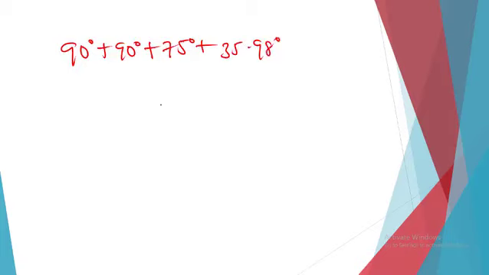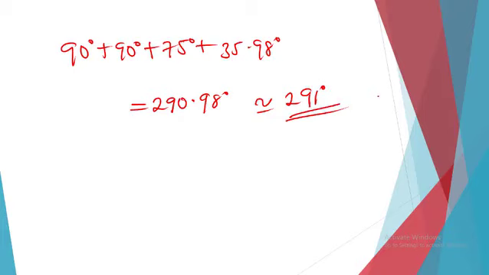So the bearing now would be 90 degrees plus 90 degrees plus 75 degrees plus, what did we get? 35.98 degrees. Then if we add them together, we have 290.98 degrees. Then to the nearest degree we have 291 degrees.